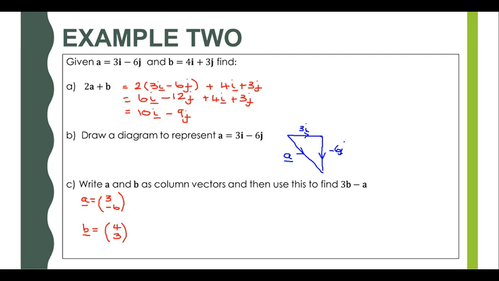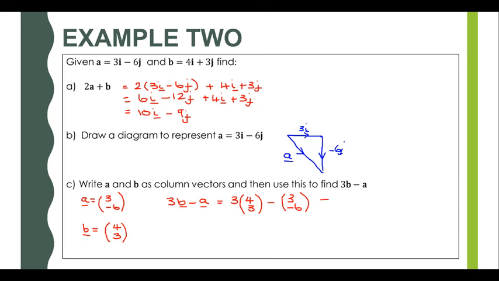I can then use this to find 3b minus a, again by substituting my column vectors in. So this gives me 3 multiplied by the vector 4, 3, take away the vector 3, minus 6.